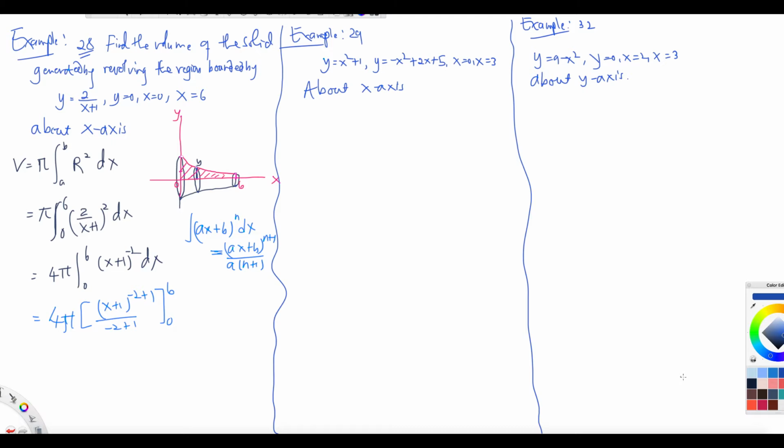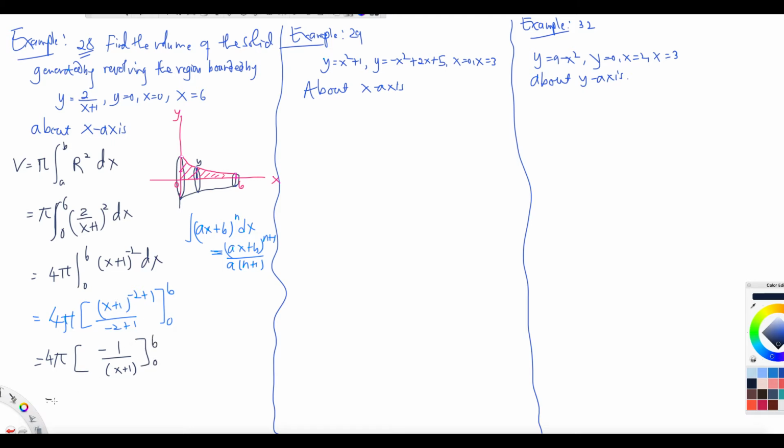Okay, if you simplify this, you will get 4 pi, and what you get on the bottom will be basically negative, right? Negative 2 plus 1 is negative 1, so you will get basically 1 over x plus 1, with a positive sign, evaluated from 0 to 6.